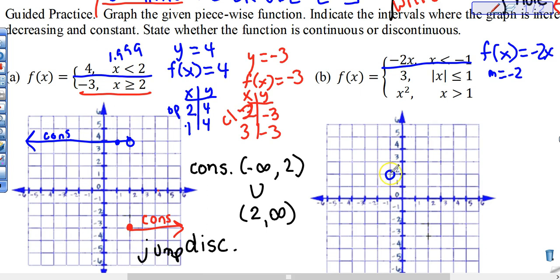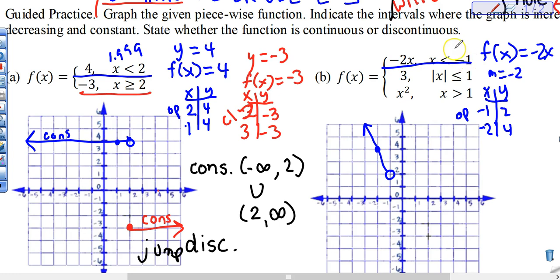So I have to reverse it and go up 2 and left 1. And up 2 and left 1. Is that a negative slope? For sure. Look, it's decreasing. So if you're not feeling good about that and you just want to go to the t-chart, of course, you can just plug in a -1 and a -2 and you get out 2 and 4. Just remember on the -1 to leave it open because it is not part of that piece of the function.